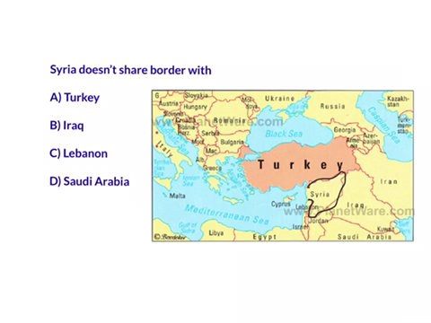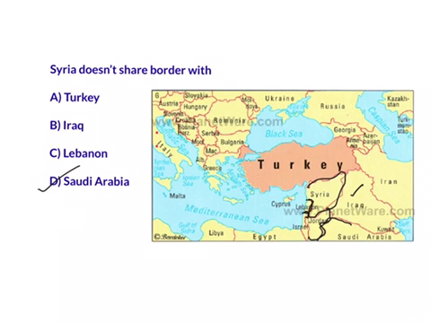See, Iraq, Saudi Arabia is not bordering Syria. So exactly we can put the answer as D, Saudi Arabia. Jordan is bordering Syria, and Israel is also bordering Syria.